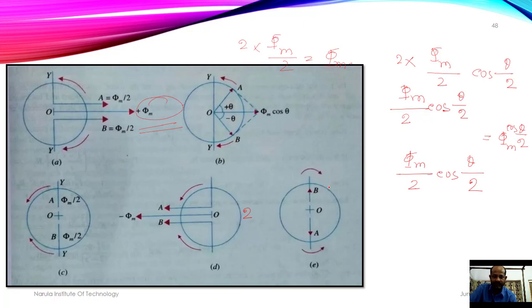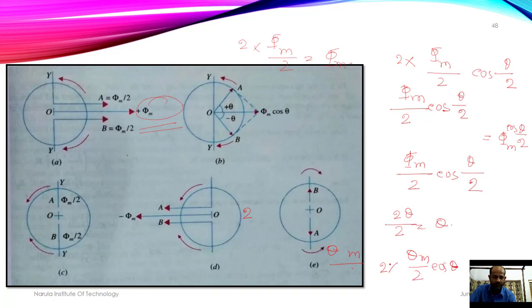So that means if we take the total angle, that is theta minus of minus theta, that is 2 theta. And each of these is half of the total angle, that means 2 theta by 2, that is theta. So each of them is phi m by 2 cos theta.